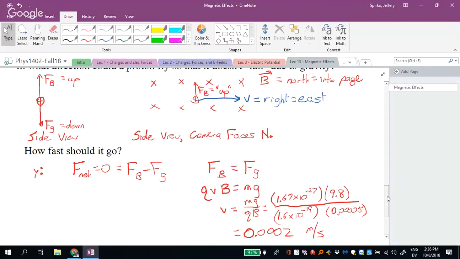But I don't really notice it, because my body's composed of just as many negative charges as positive charges. And all the negative charges, instead of feeling the upward magnetic force, they feel the opposite. They feel a downward magnetic force. And the two sets of forces, the upward magnetic forces on the protons and the downward magnetic forces on the electrons, end up canceling each other out.